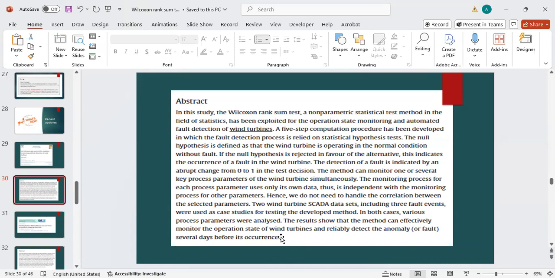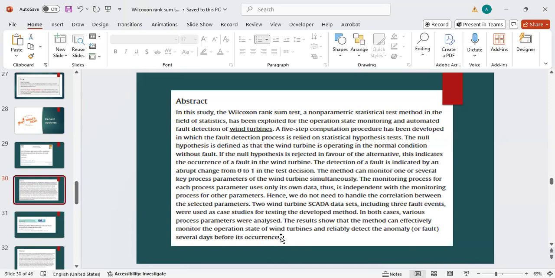The null hypothesis is defined as that the wind turbine is operating in normal condition without fault. If the null hypothesis is rejected in favor of the alternative, this indicates the occurrence of a fault in the wind turbine. The detection of a fault is indicated by an abrupt change from 0 to 1.